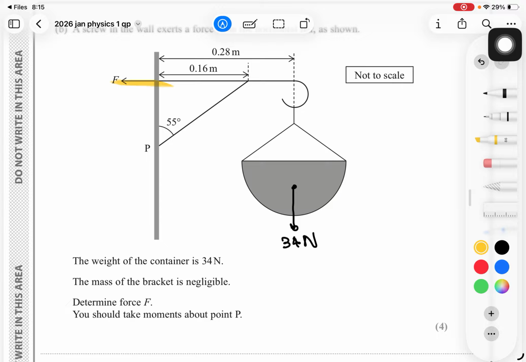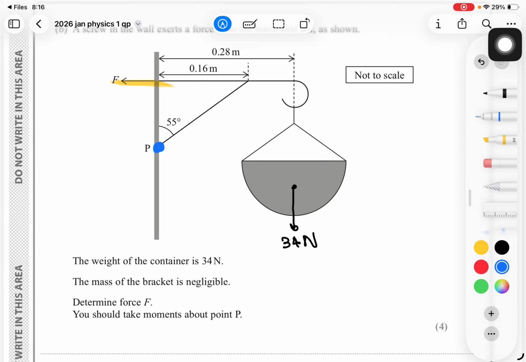Since most of the information is around P, I'll pick the point P. I'll consider the moments around point P, because then I can ignore the force acting by this bracket, because it's passing through the point P. That's the reason that I'm taking the point P.